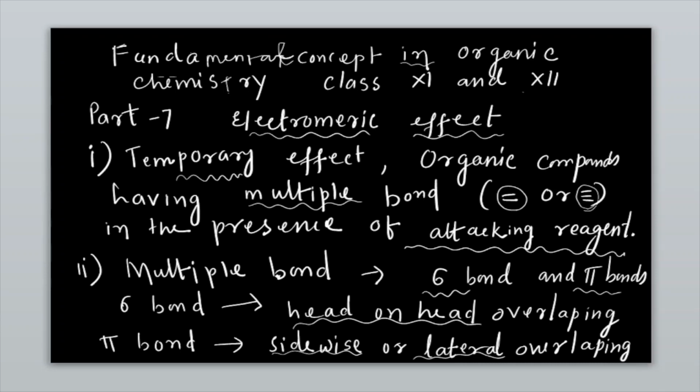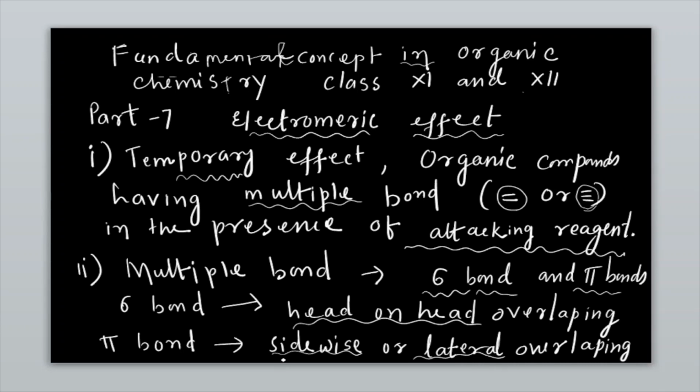Now the question: what is a multiple bond? Multiple bond means more than one bond. If there is one bond, that is called a sigma bond, and if there are two or three, they are called double and triple bonds. So multiple means double and triple bond. A sigma bond is very strong, formed by head-on overlapping.